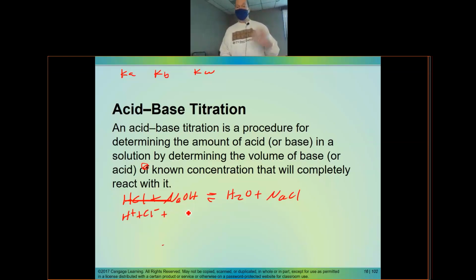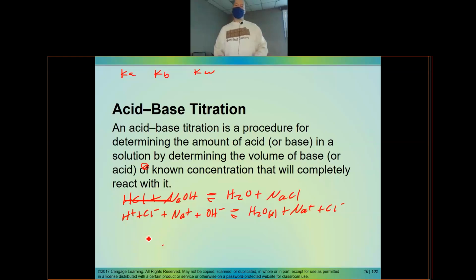You have a sodium, all sodiums are soluble, NaOH, strong base, whichever way you want to know it. All sodiums are soluble, break up into ions 100%. Water's a liquid, always stays together. All sodiums are soluble, Na plus and Cl minus. And so you see that your spectator ions are the sodium and the chloride ions. All right, and so you end up with simply H plus and OH minus yields water.